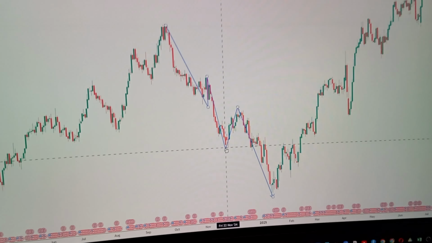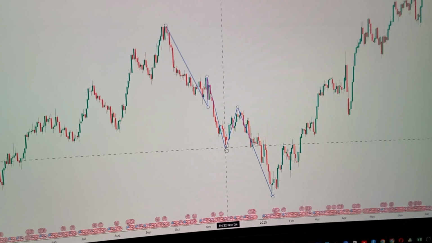Now look at it to save your time. This right here is an uptrend. I've marked it out. So this right here, this is a low, this is a high, this is a higher low. An uptrend makes higher highs and higher lows.